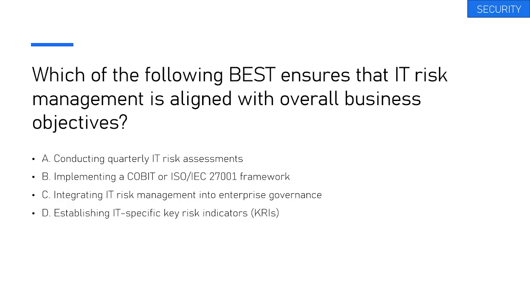Which of the following best ensures that IT risk management is aligned with overall business objectives? Best ensures that IT risk management is aligned with overall business objectives. A is conducting quarterly IT risk assessment. You have to do that regardless. B is implementing a COBIT or ISO IEC 27001 framework.